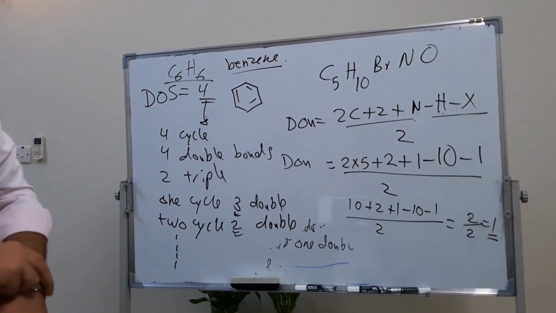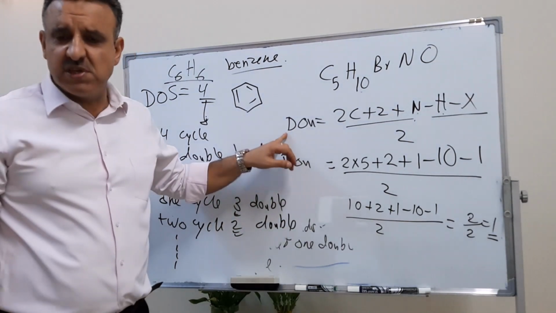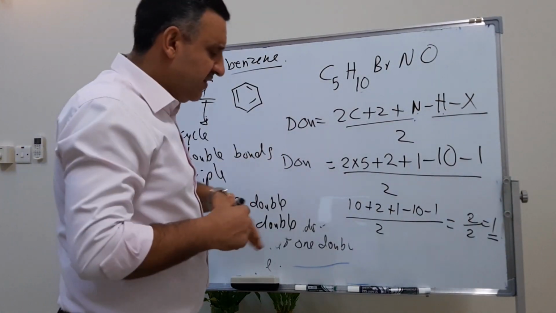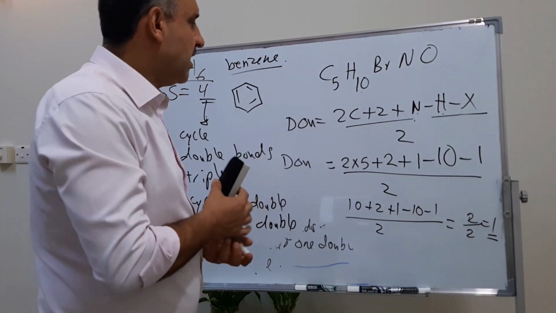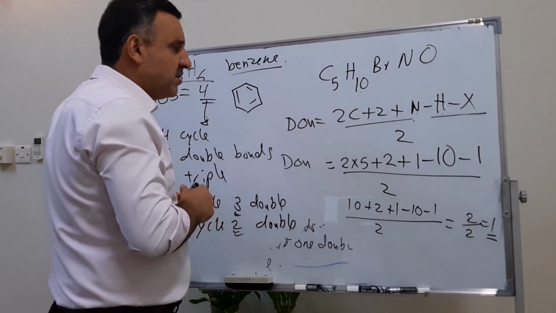Yes, Rahma, as Rahma mentioned, we always ignore the oxygen. Exactly. You can even extend this rule to the calculation of the degree of unsaturation for any atom in the compound.